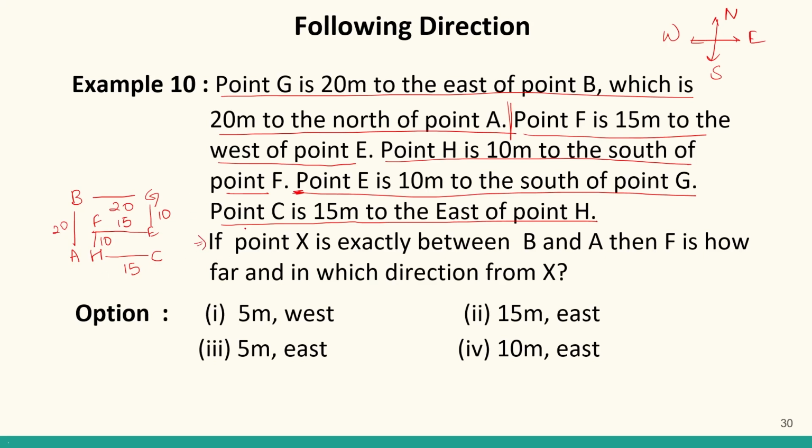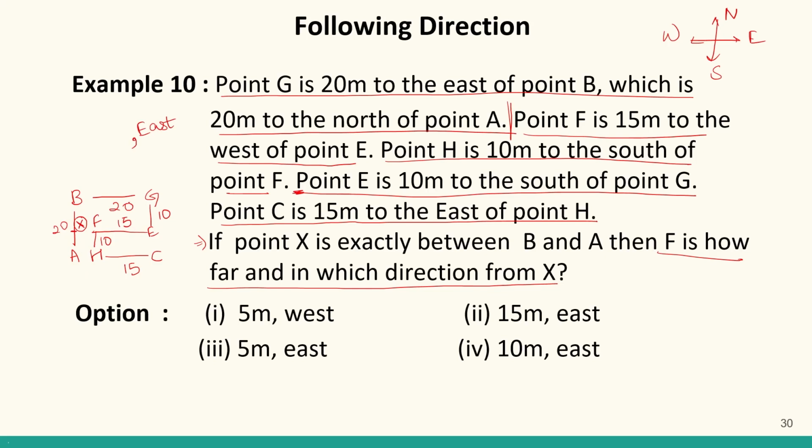Now, the question is, this was all the information given to us. The question is, if point X is exactly between B and A. So here we'll have point X, 10 over here, 10 over here. It will be in the same line as F and E, right? Then how far and in which direction is F from X? So with respect to X, F is in east direction.